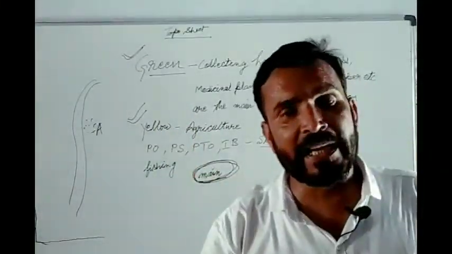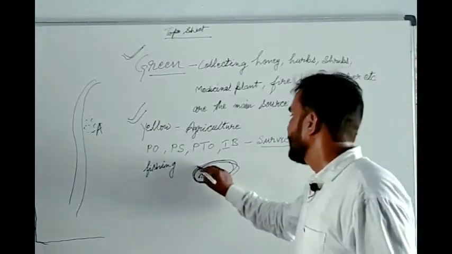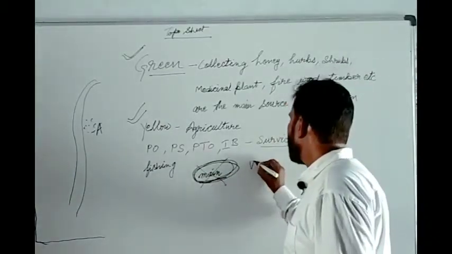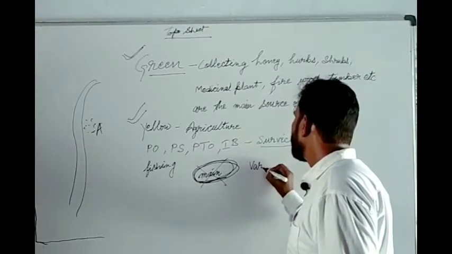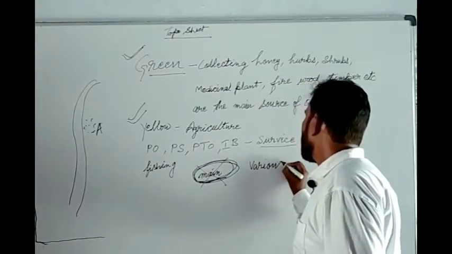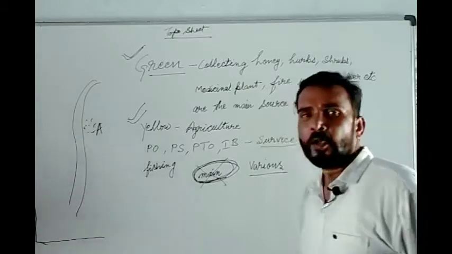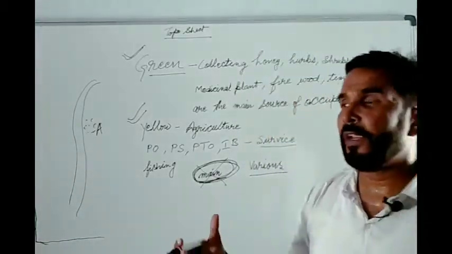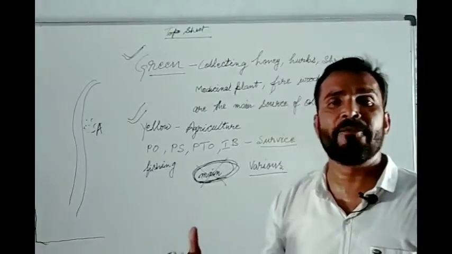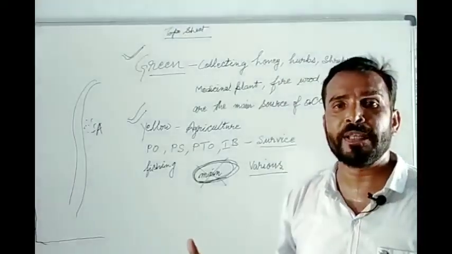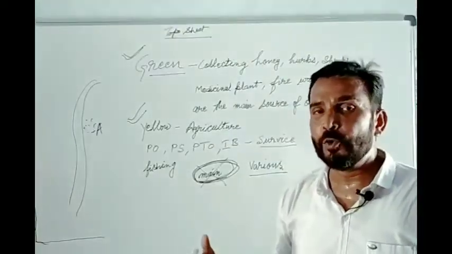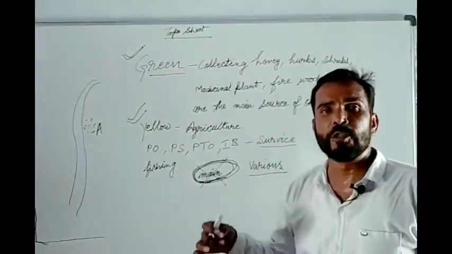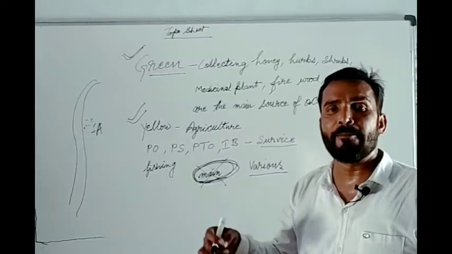Clear? Second thing, if they are not asking main occupation, they are asking what are the various modes of occupation. Whenever they are asking the various modes of occupation, here you have to write all the occupations that can be possible in the map.